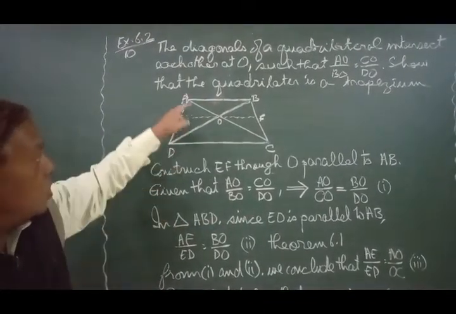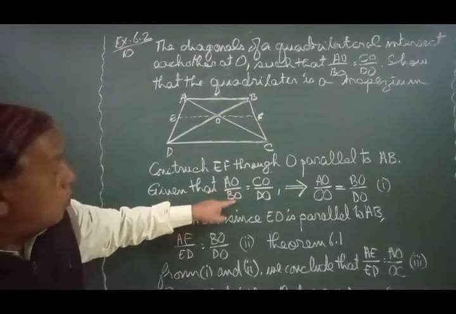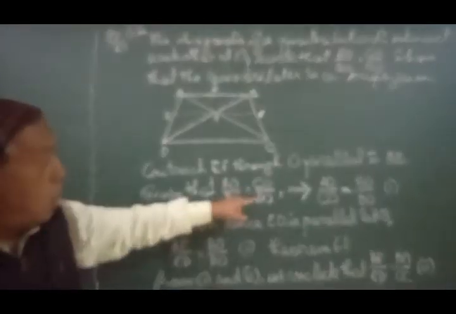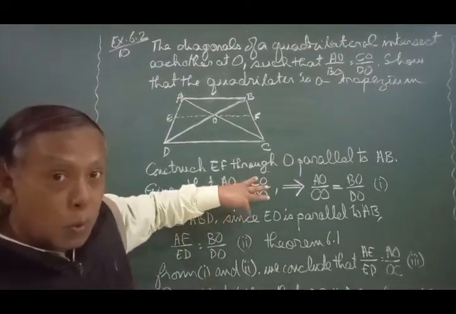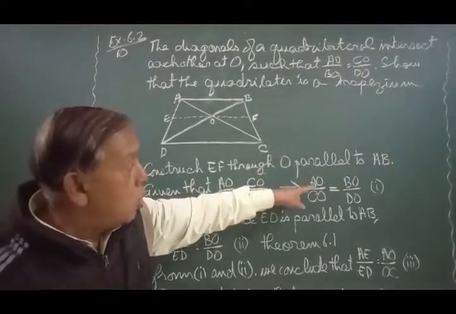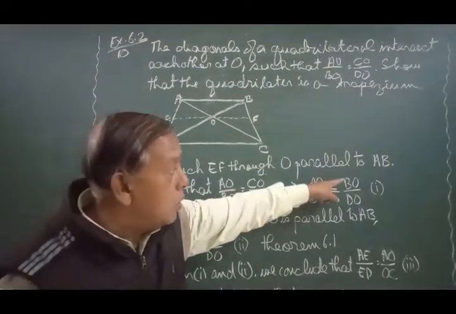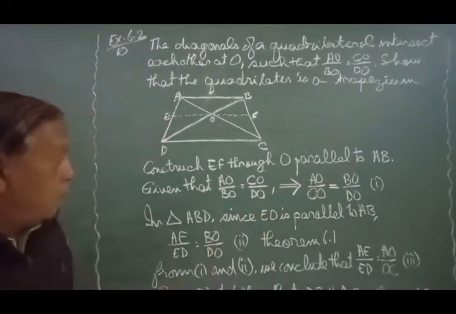Now, it is given AO upon BO is equal to CO upon DO. Therefore, from here, we just transpose the letters, the sides, and we get AO upon CO is equal to BO upon OD. Transposition which is normal.